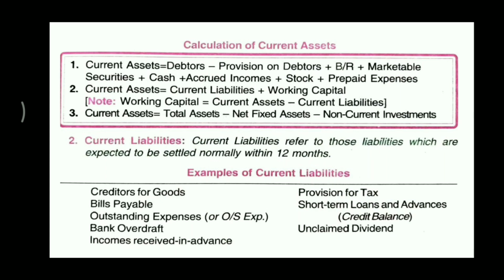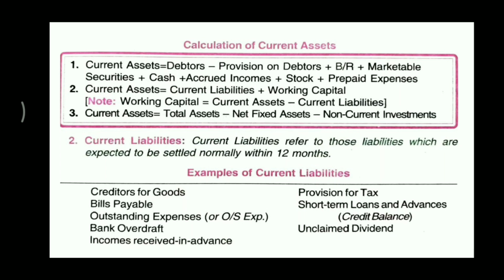So when you add these three, fixed assets, non-current investment and current assets, we get the total assets. So that formula is used for the calculation of current assets. So from there we are getting this formula.